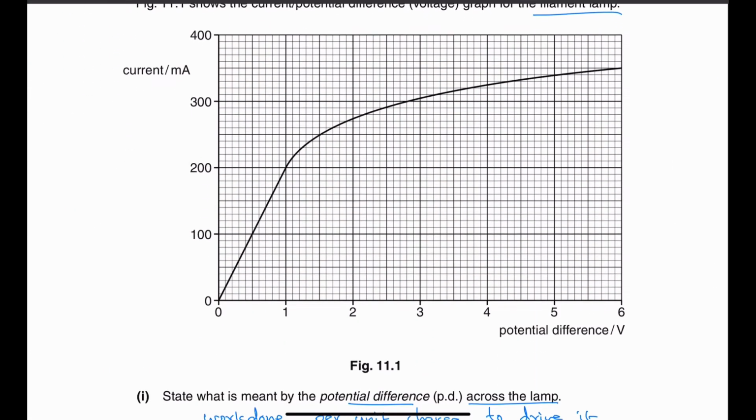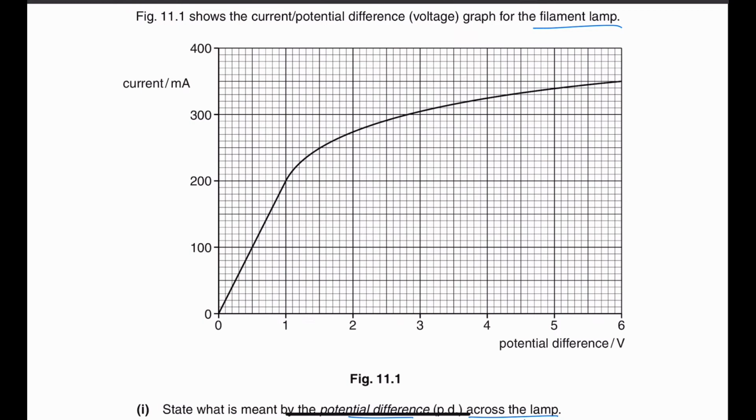So let's go back to the graph, and all you have to do is use the value of the potential difference from the graph, right? This is the value of the potential difference, and at this value all you need to do is find the value of the current, and you can see that the value of current at this point is 350 milliamperes.